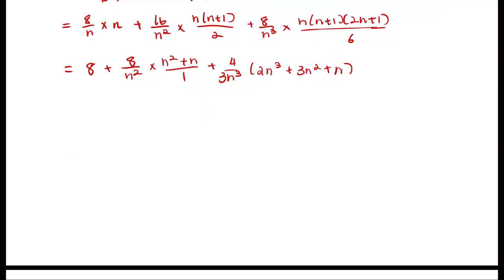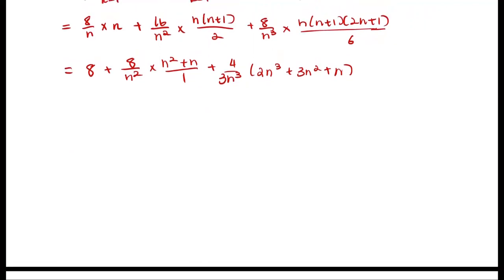All right, so let's go ahead and take the limit as n approaches infinity now. Actually, not just yet. So we still have the 8 divided by n squared. I'm going to factor out the n squared here, so that I would just be working with 1 divided by n.